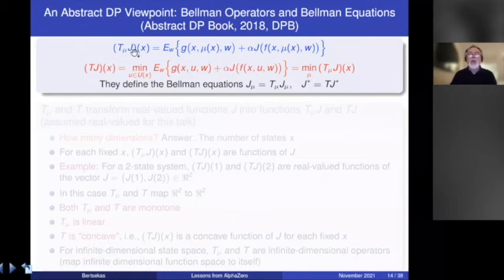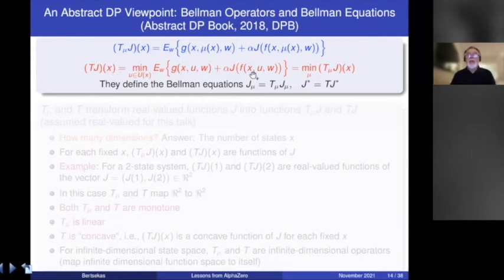T_mu of J has a component also for every x, and it's given by this expression involving the cost of the first stage using mu and the cost of the remaining stages as measured by J. So there's one such equation, a scalar equation for every x, and I call this the mu Bellman operator.